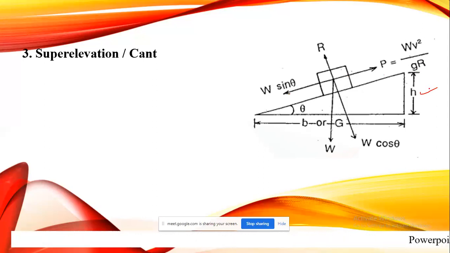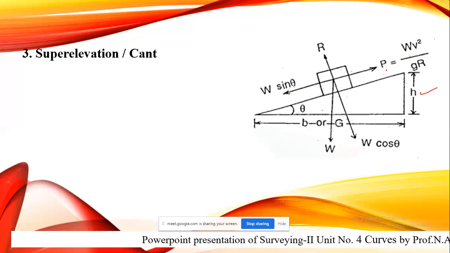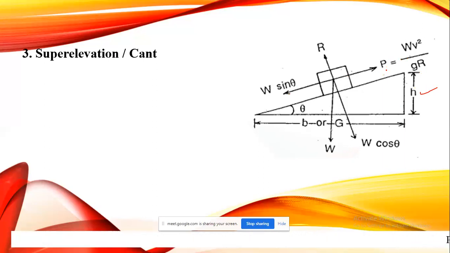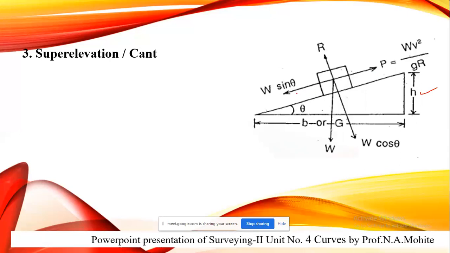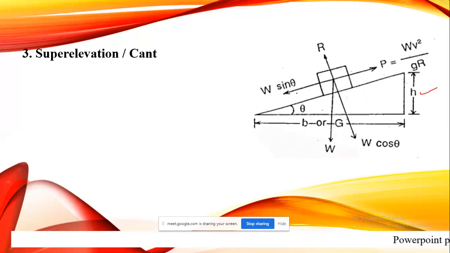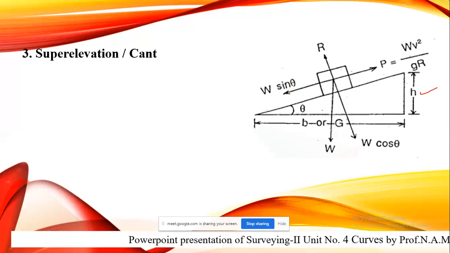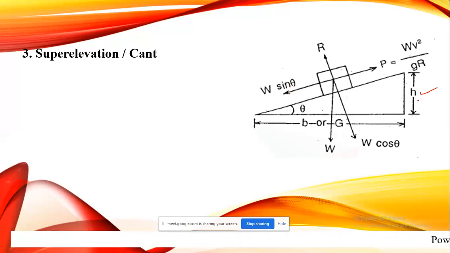As per this sketch, P is the centrifugal force, W sin theta is the component of the weight of the vehicle, which helps us counterbalance the overturning force, and H is the super elevation or the cant given to the road or rail.